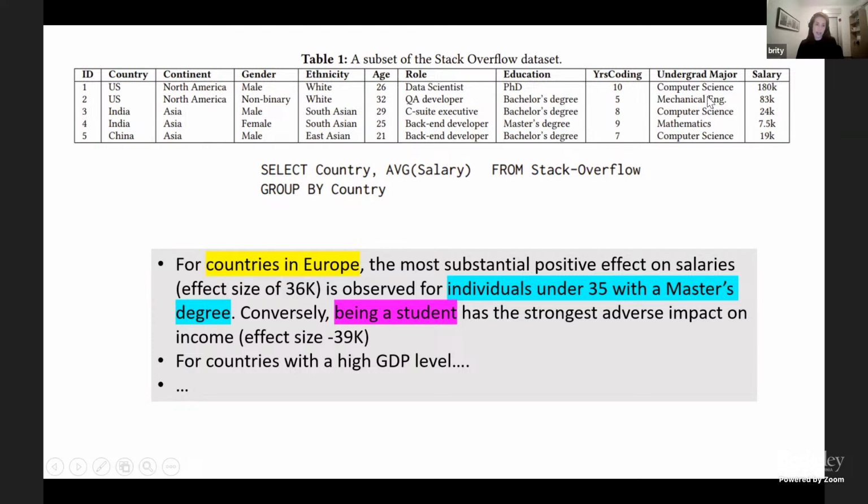On average, their salary is higher by 36K. But on the other hand, being a student has a strong negative effect on the salary. In this case, if you're a student, your salary will be 39K below the average salary in countries of Europe.